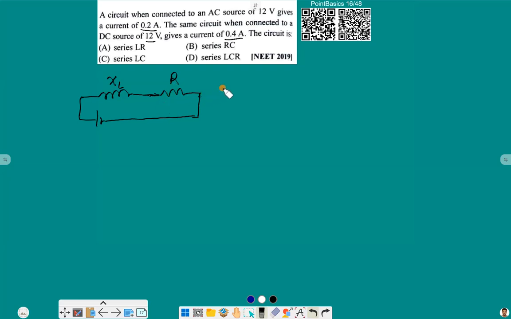So current in case of AC in this circuit, IAC, will be given by the value of the potential divided by under root R square plus XL square. This is for AC. Now in case of DC, as the frequency of DC is 0, the resistance offered by the inductor will be 0. So IDC will be V by just R.